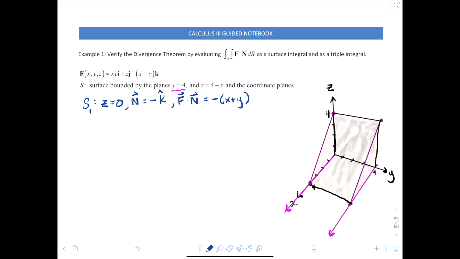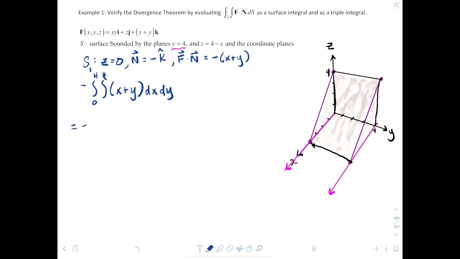So we'll have negative the integral from 0 to 4 of x plus y dx dy. X varies from 0 to 4, and then y varies from 0 to 4.